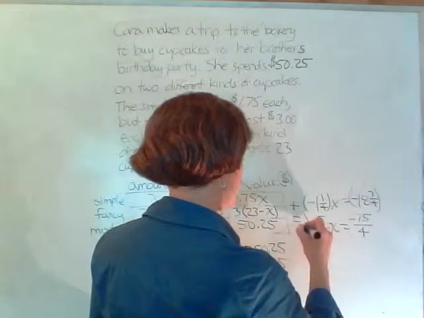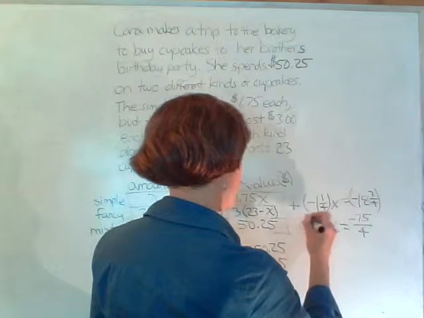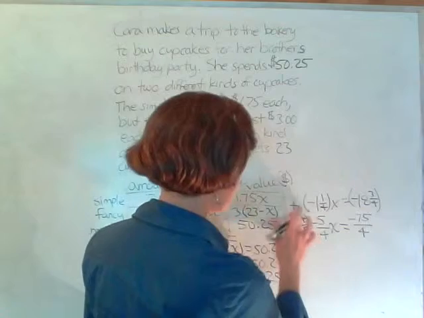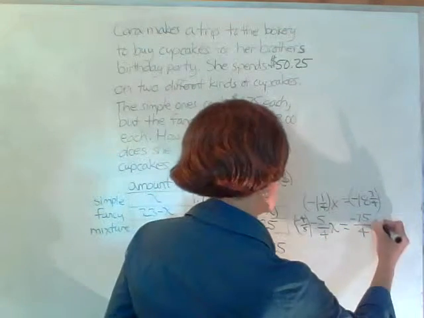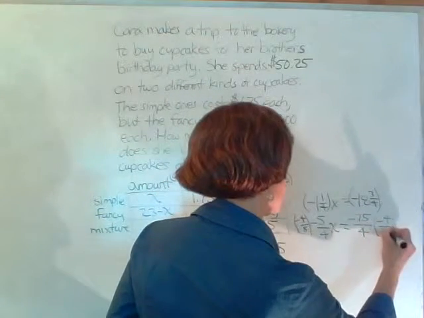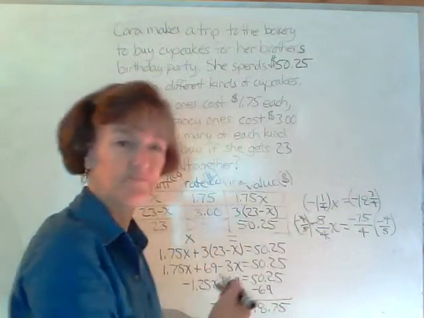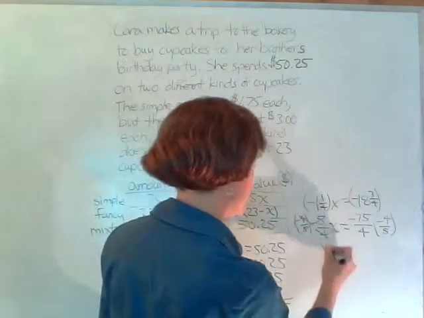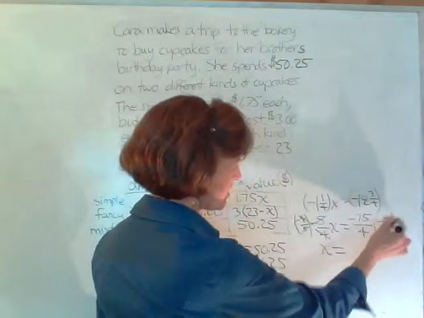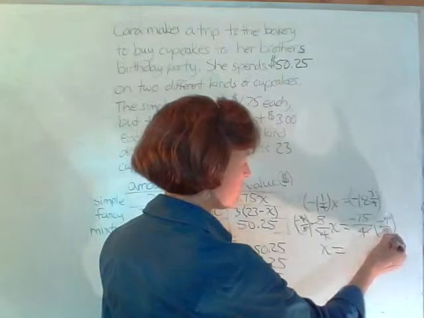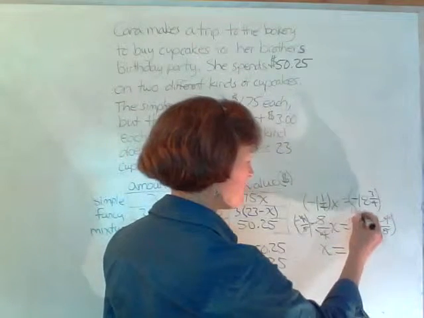So I'm multiplying this side by negative 4/5, and negative 4/5 on this side. Of course all of this turns into 1. So I have 1 times x, or just x, equals, now over here I can cancel my 4's. My negative signs turn into a positive, and then 5 goes into 75 15 times.